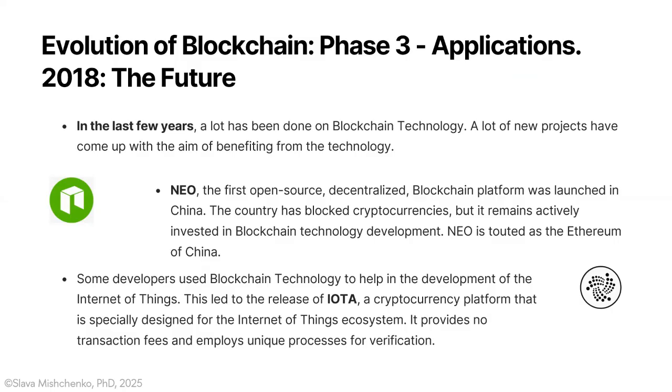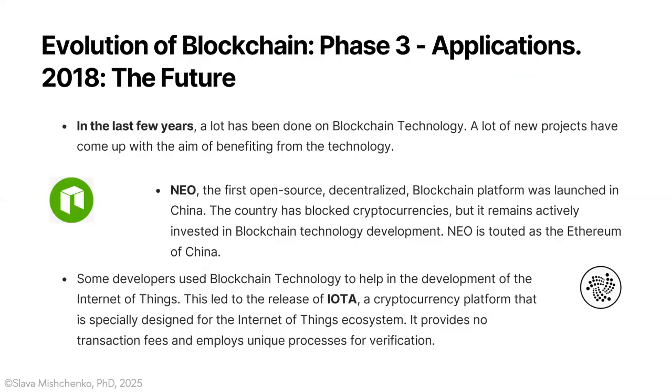So let me tell you about IOTA. It's a perfect example of how blockchain technology is evolving to meet specific needs. What makes IOTA special, in my view, is its unique approach: no transaction fees and a distinctive verification process designed specifically for IoT ecosystems.